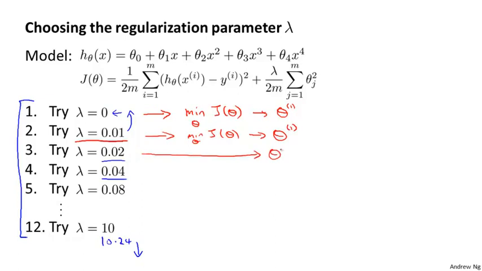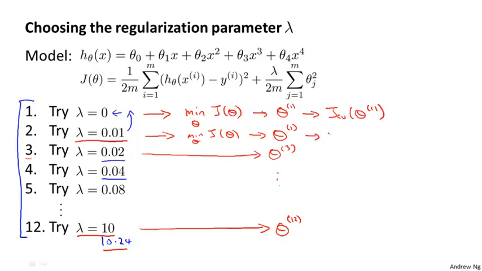And for that, I end up with theta 3, so this is for my third model, and so on until for my final model with lambda set to 10 or 10.24, I end up with this theta 12. Next, I can take all of these hypotheses, or all of these parameters, and use my cross-validation set to evaluate them.